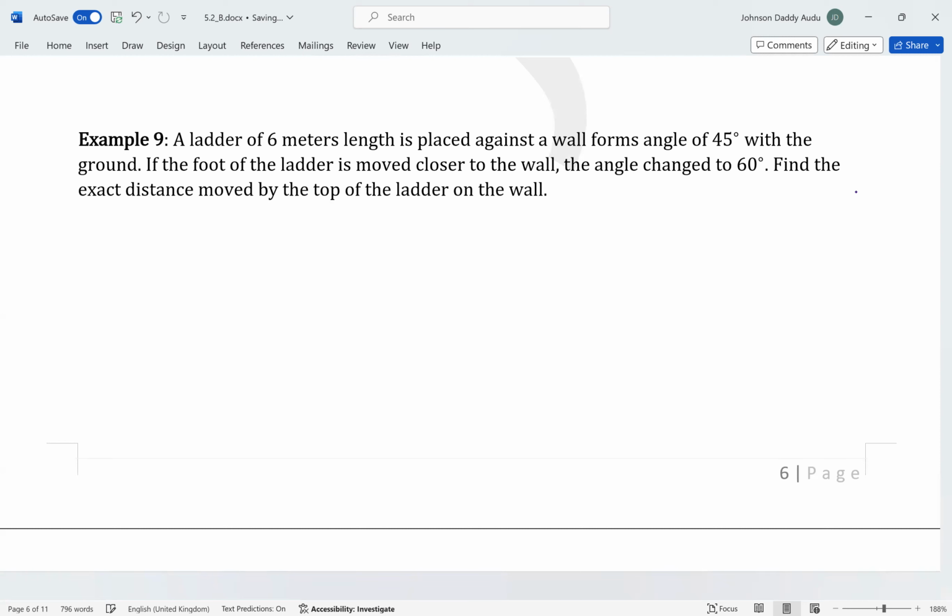Let's say you have a wall here, and you have a ladder of length 6 meters, which is placed against the wall. So here you can see the ladder is 6 meters. It's placed against the wall at an angle of 45 degrees with the ground.